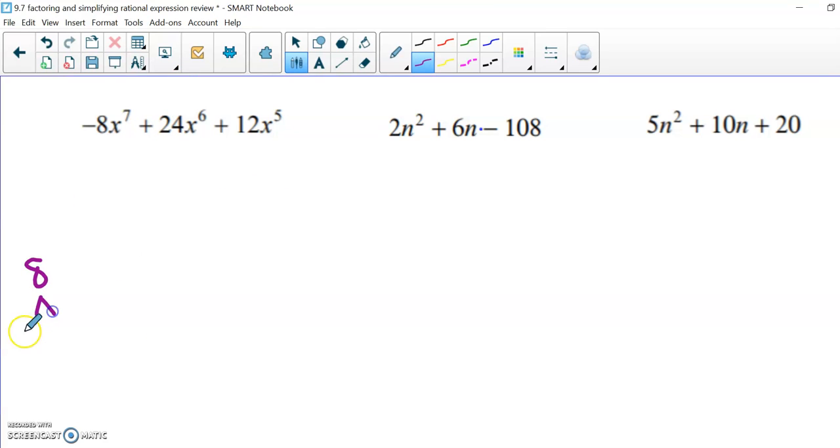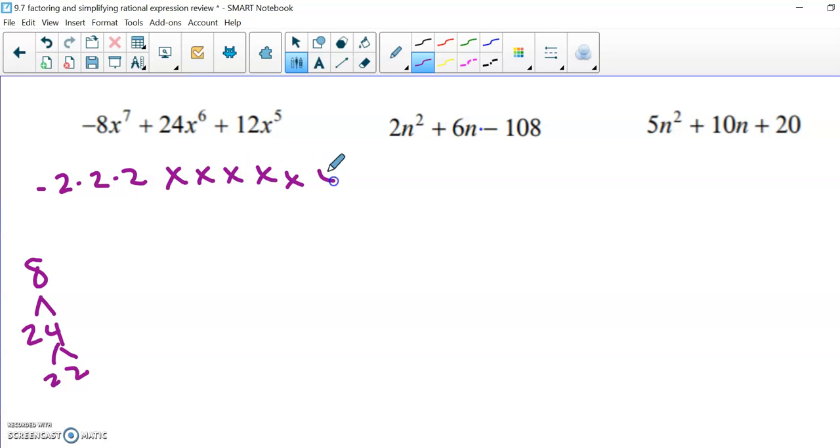So we're going to do a prime factorization of 8. So we have 8. We could break that down into 2 times 4 and 2 times 2. So we have a 2, a 2, a 2. One of them has to be negative. And we have 7 x's, 1, 2, 3, 4, 5, 6, 7. 24, if we break that down, 2 times 12, 2 times 6, 2 times 3.